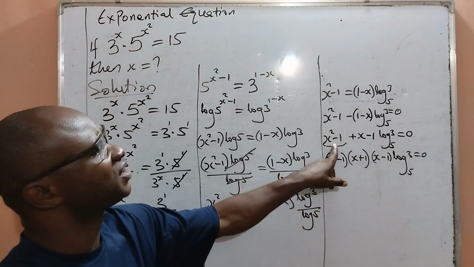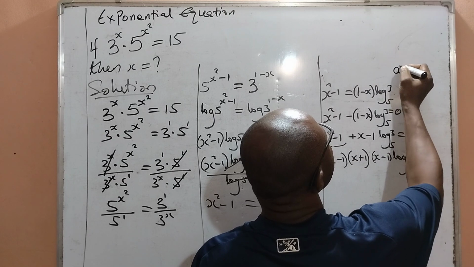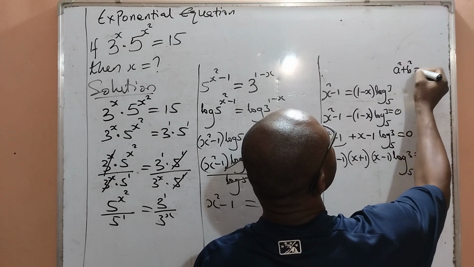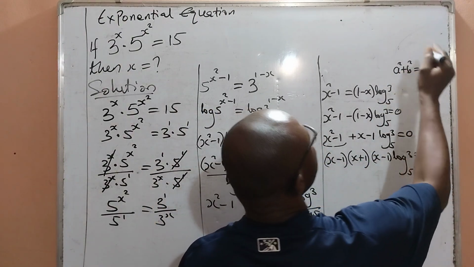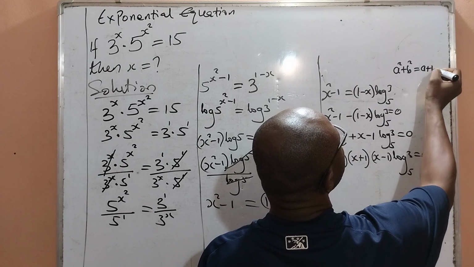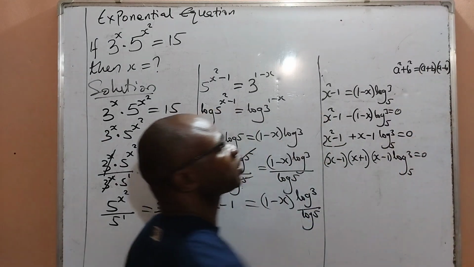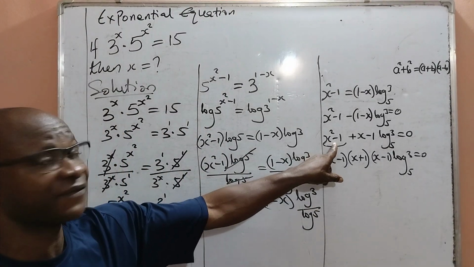Why did I apply this? The law of difference of two squares says a squared minus b squared is the same thing as (a plus b) into (a minus b).